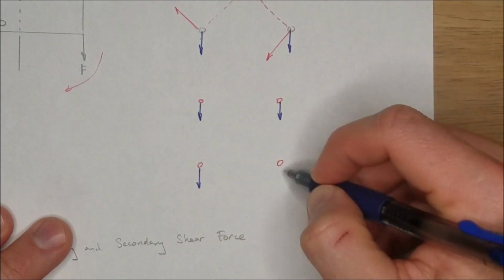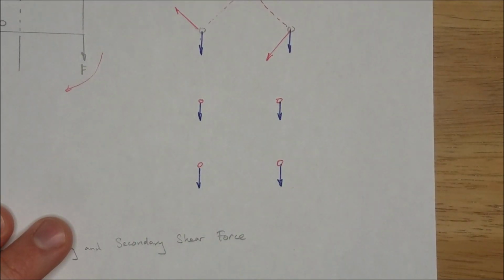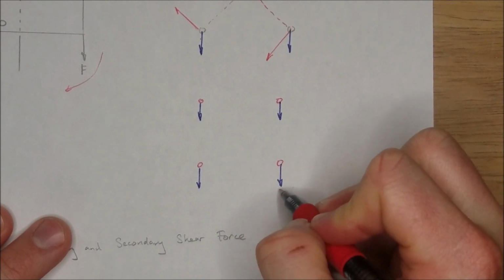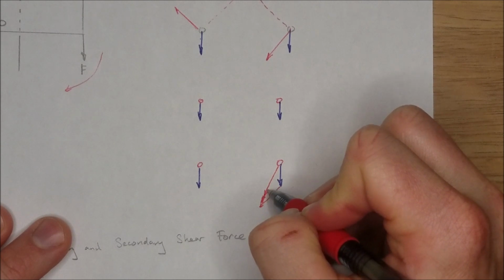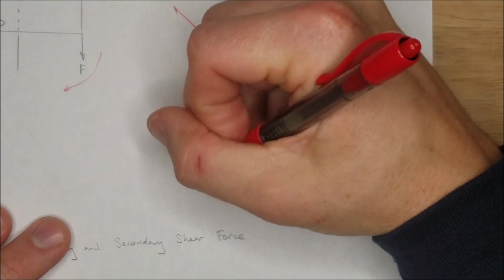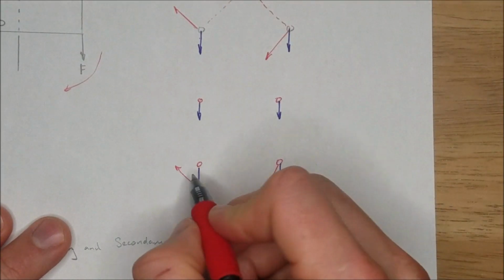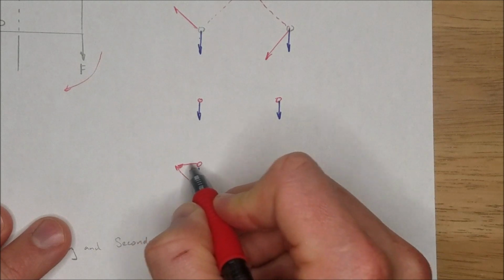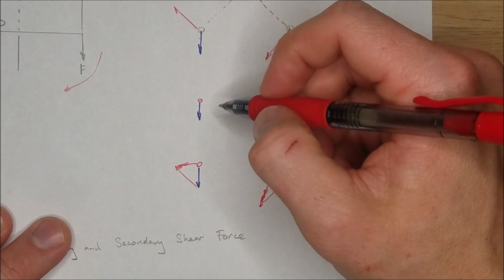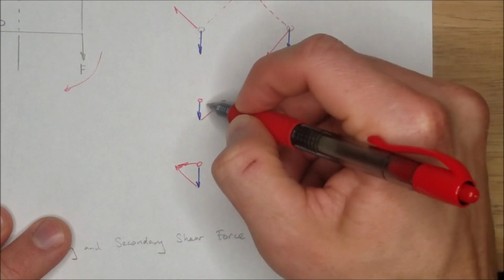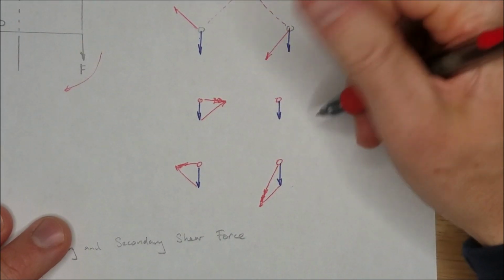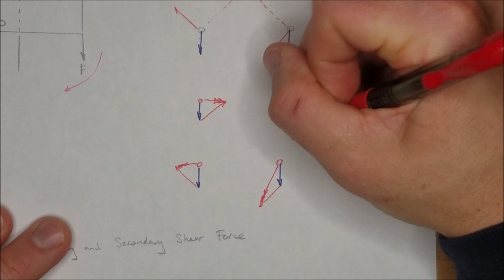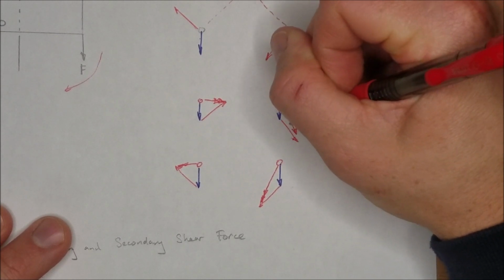The reason we're doing this is we're going to find visually the fastener that's experiencing the greatest magnitude of force. And I'm writing the resultant vectors with double arrows just for ease of identification.